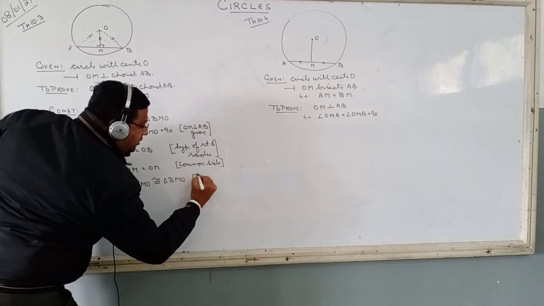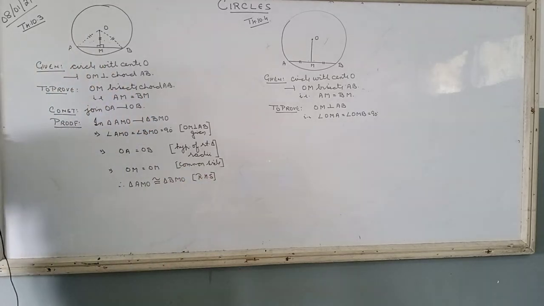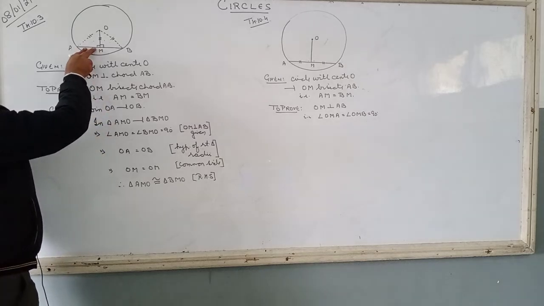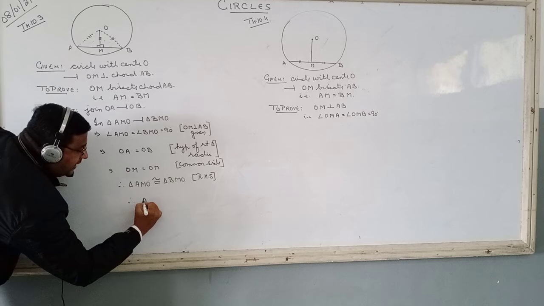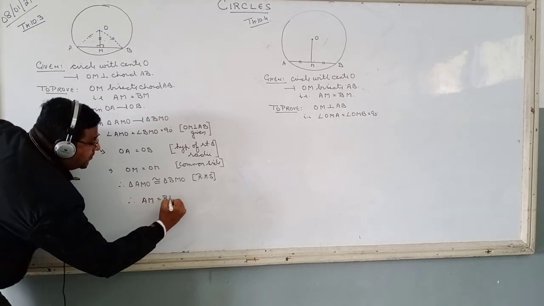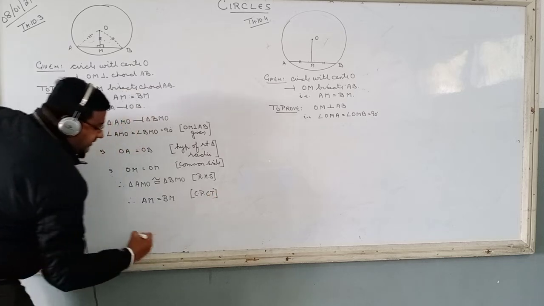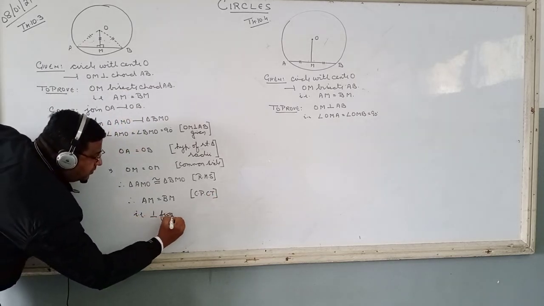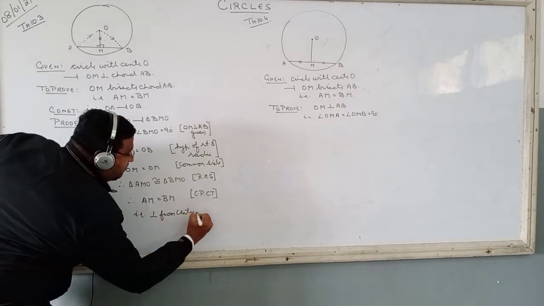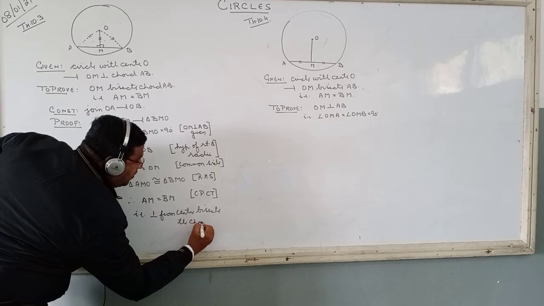We have studied all the properties, RHS. If these two triangles are congruent, will the third side become equal? Yes, sir. So therefore AM equals BM. Reason: CPCT, that is, the perpendicular from the center bisects the chord.